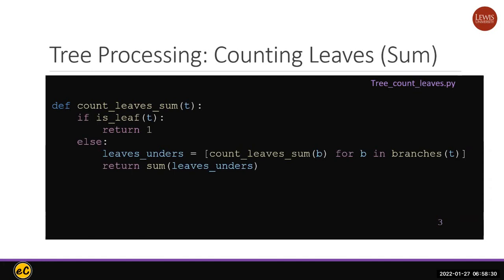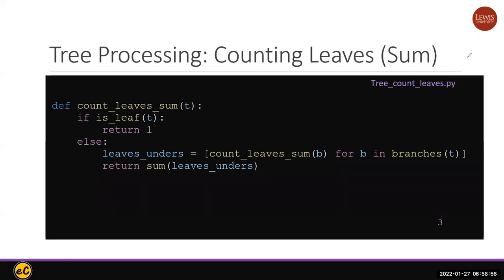And you can count the leaf sum, okay? So you can visit all of the leaf nodes. If leaf, you return 1, okay? And you count the leaves by summing based on each of the branches. So this one is using the count leaves recursive function, okay?